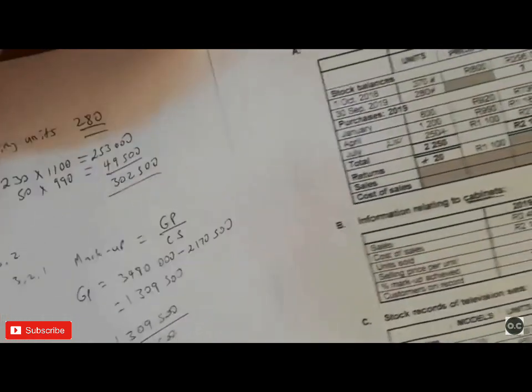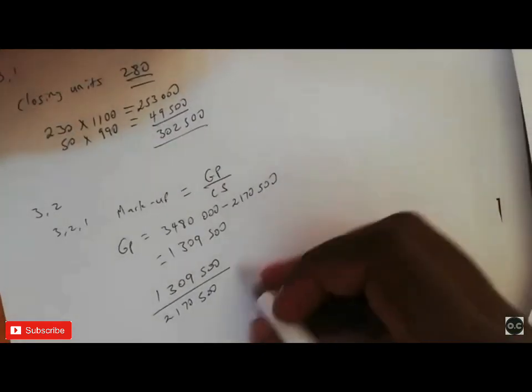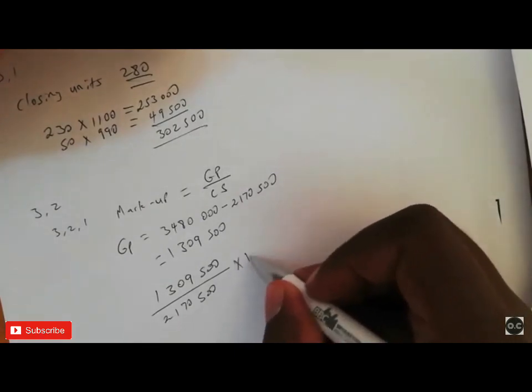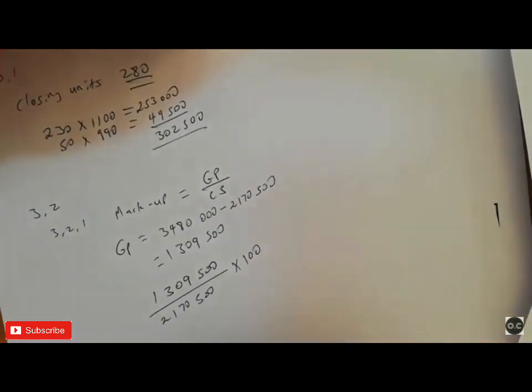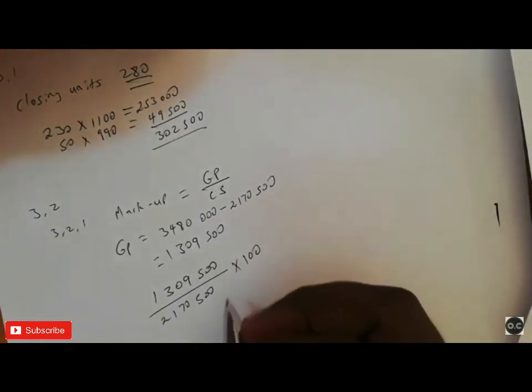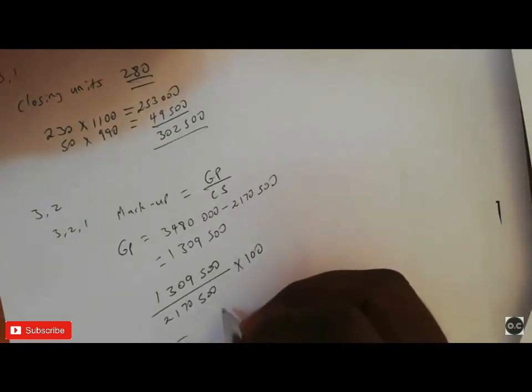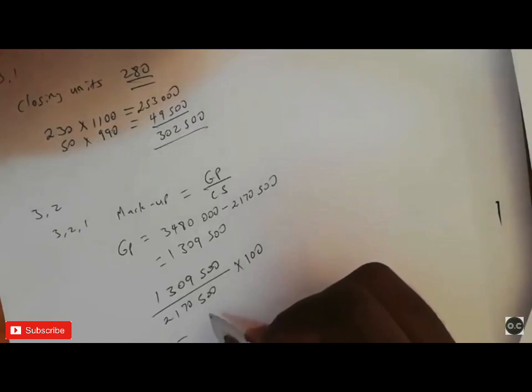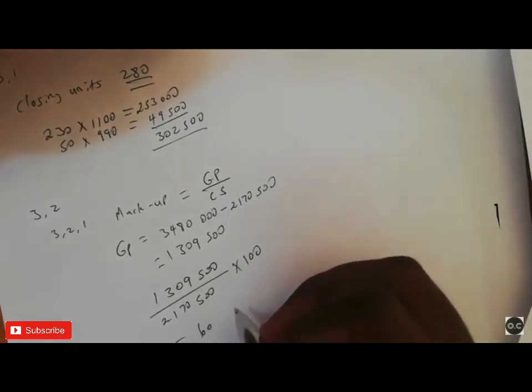It must be in percentage, right? So if you plug that into a calculator, it will give you decimals. But if you want it in percentages, you have to multiply by 100. And then you'll get an amount of 60.35%.